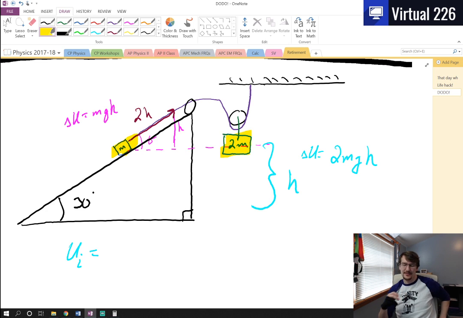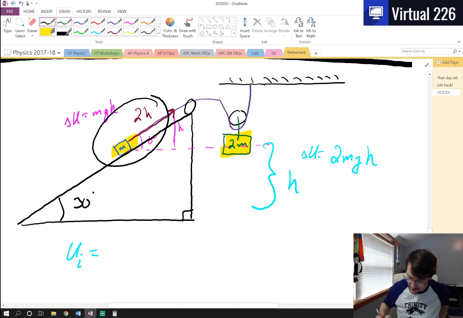It asks K's kinetic energy. Okay, so I'm looking for this one's kinetic energy. Okay.